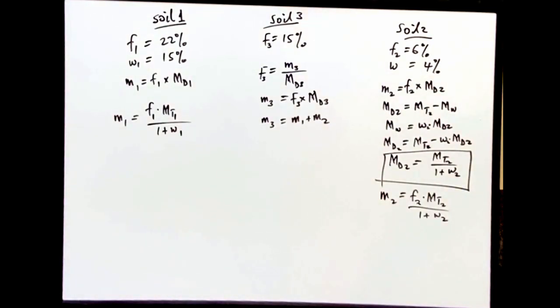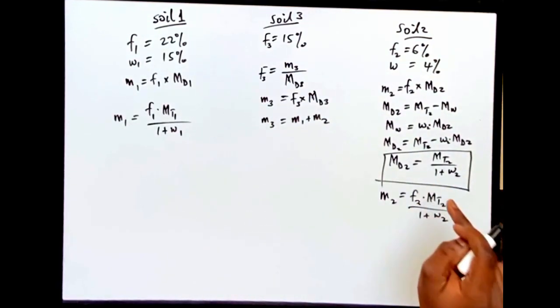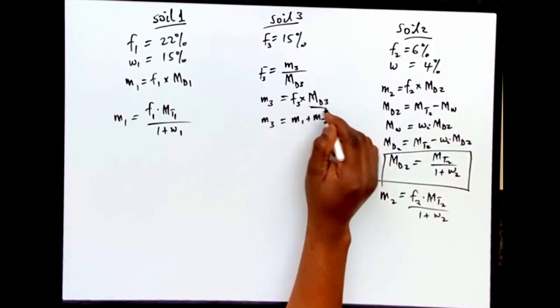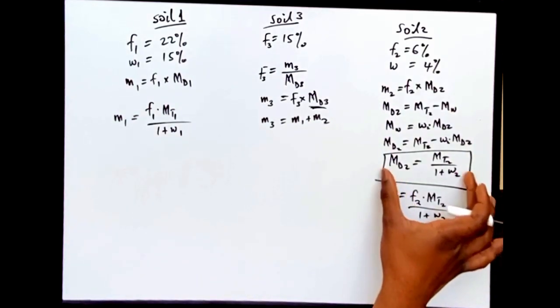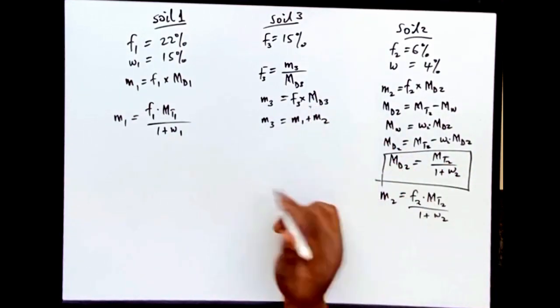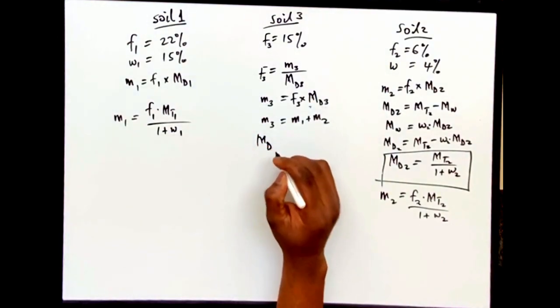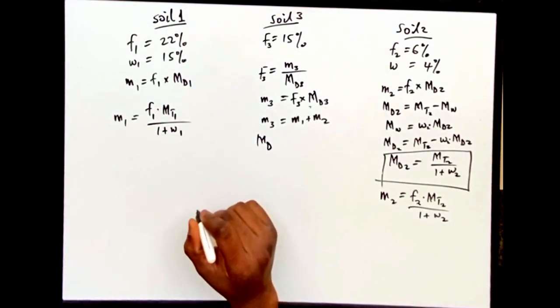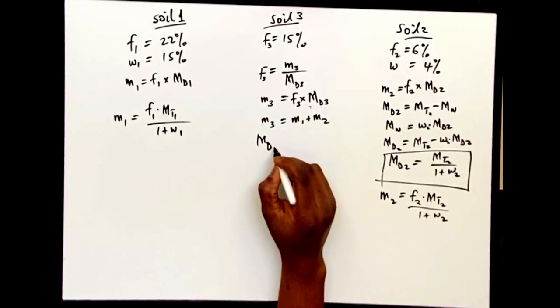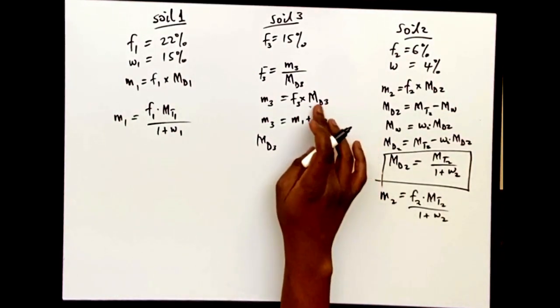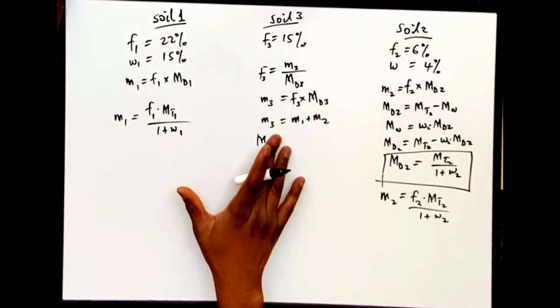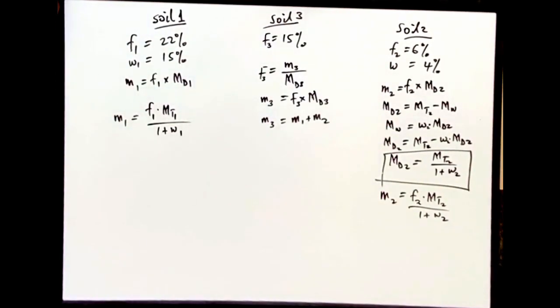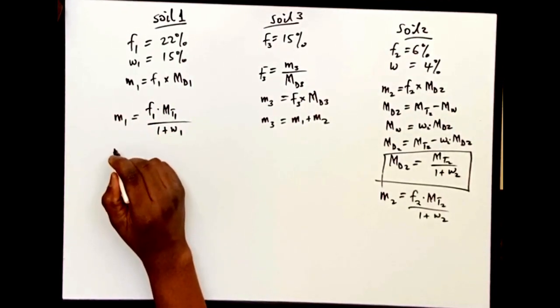And in this relationship here, MD, we have another dry weight here, which I would like to change to a total weight. So we can use the same relationship here, and that gives us the dry weight of soil 3, or actually that could work, but let's write it rather for this one.